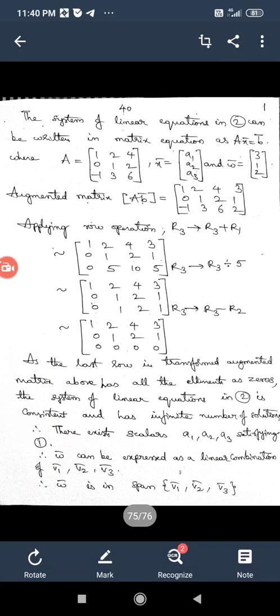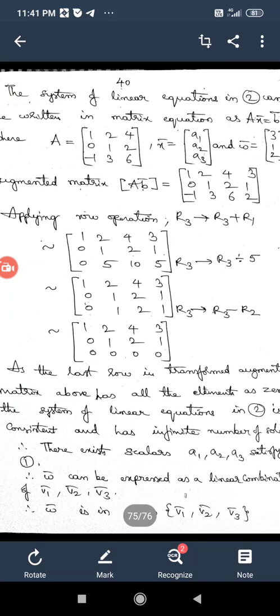Now apply some elementary row operations on the augmented matrix and try to change it into echelon form. I have discussed echelon form in the prerequisites at the beginning of this subject.